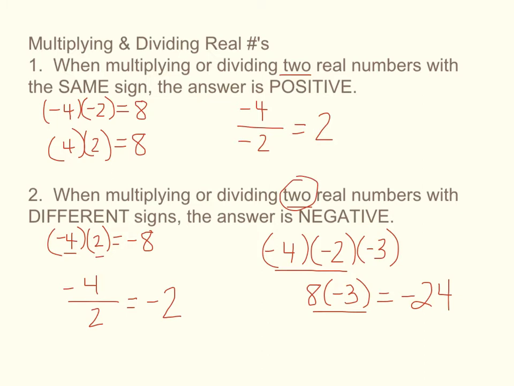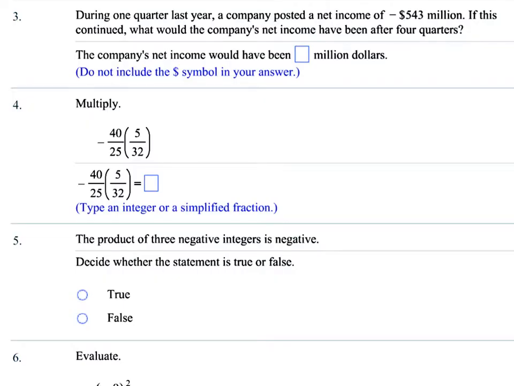So taking a look here at number 3, during one quarter last year, a company posted a net income, really this one's a net loss, of negative $543 million. If this continued, what would the company's net income have been after 4 quarters?